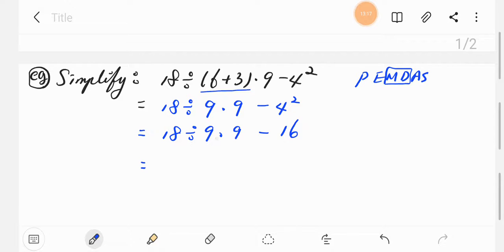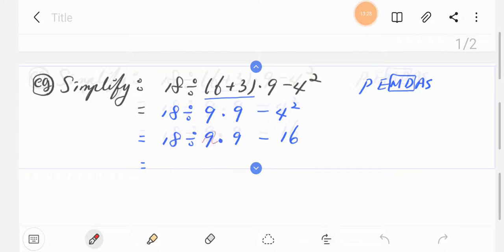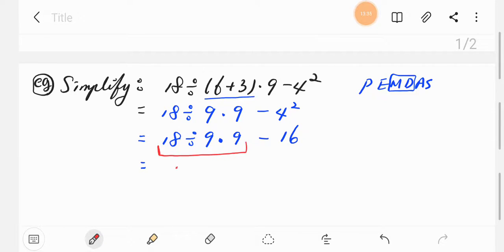So 18 divided by 9 times 9. So this one is together, right? So let's simplify this from left to right. We'll do left to right.